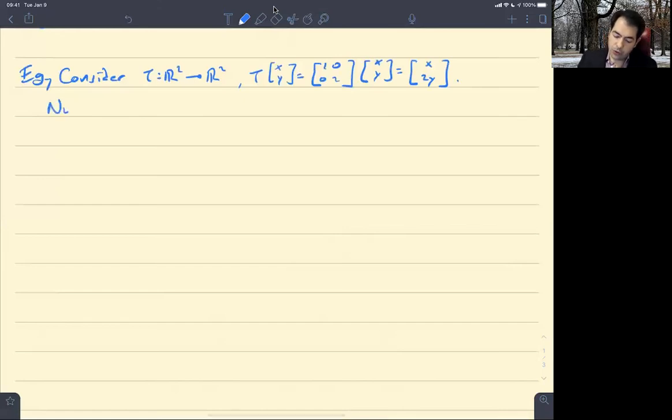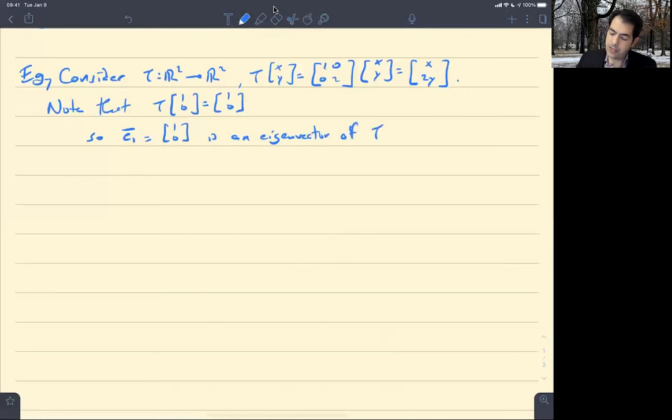Okay, so note that T of the vector (1, 0) is (1, 0), right? So the vector (1, 0) gets sent to a multiple of itself. So we say that E1, the vector (1, 0), is an eigenvector of T with eigenvalue 1. Similarly, T of the vector (0, 1) is the vector (0, 2).